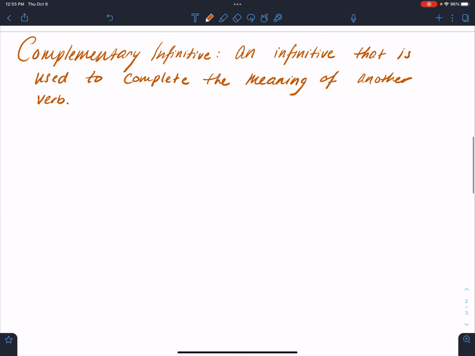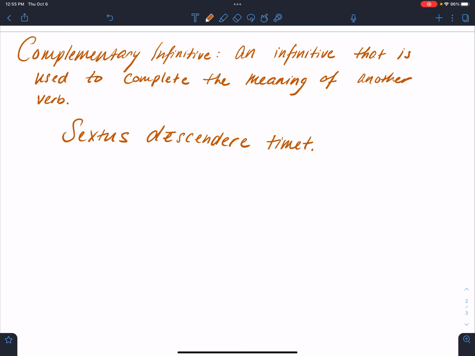So look at this sentence here. Okay, this is a perfectly fine Latin sentence. Please repeat.